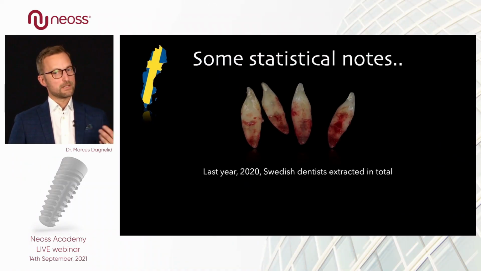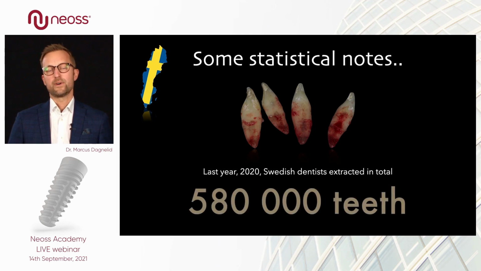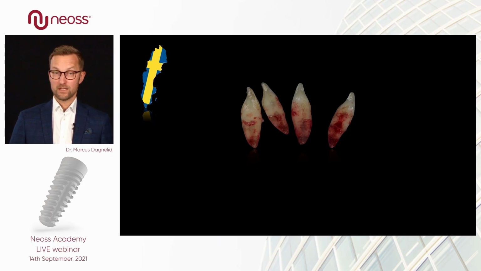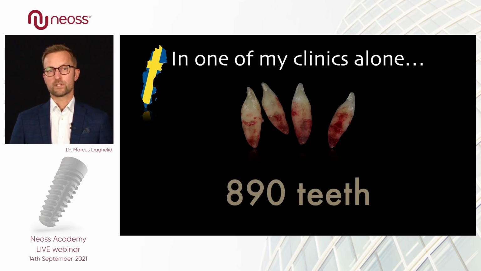Now, on some statistical notes, if we look at Sweden, where I'm practicing as a prosthodontist, last year, 2020, Swedish dentists extracted in total 580,000 teeth. That's a lot of teeth. Now, if we look into my clinic, or one of my clinics, we extracted 890 teeth.